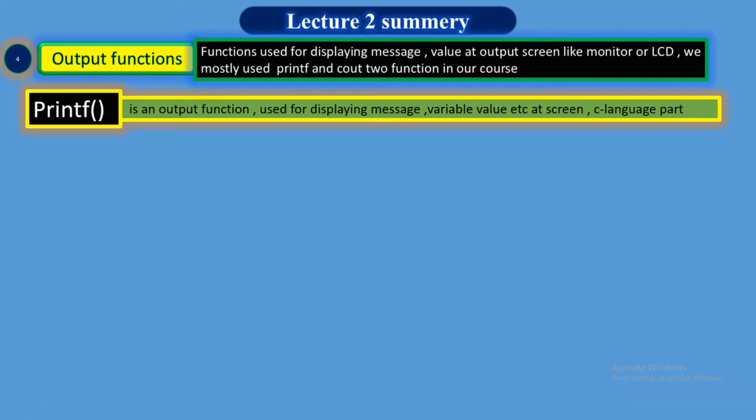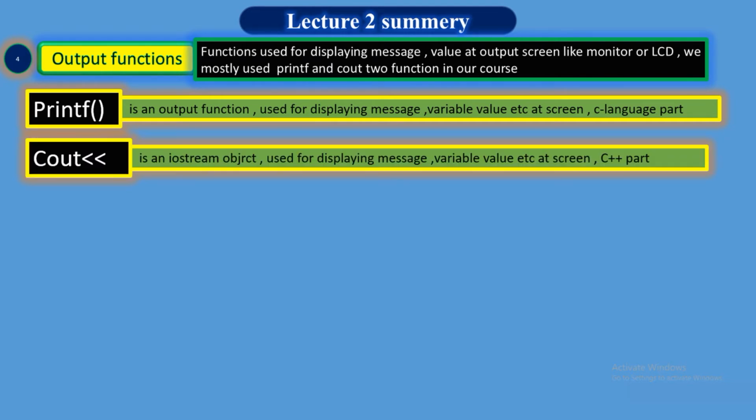Printf is an output function used for displaying messages and variable values on screen. Printf is a part of C language. On the other hand, we have cout, an iostream object used for displaying messages and variable values on screen. Cout is a part of C++ language.